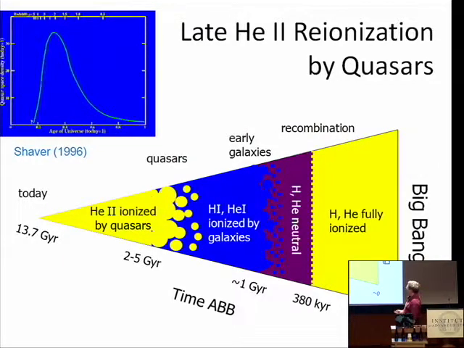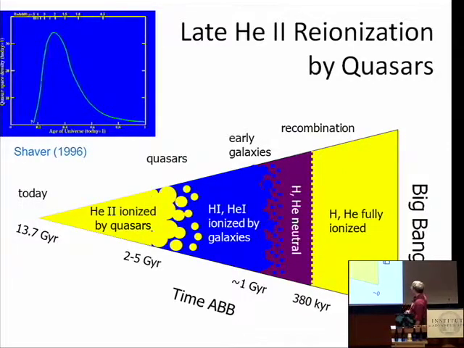And then finally, here's a slide on the late reheating and reionization of the universe. So this slide here shows the co-moving number density of quasars versus age of the universe. And there's this rapid rise and a peak at around redshift 2.5, and then it falls off. This is believed to be the kicker. Here we have, again, the Big Bang. We have pre-recombination.